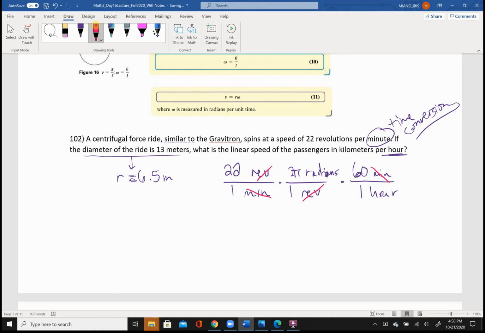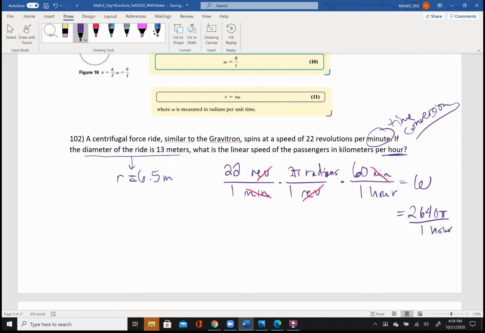So basically what I've calculated here is my omega, which I like to write as a w but with an extra little curly bit inside. We'll multiply all of that, and you'll get 2,640 pi. So this is the radians over 1 hour. Cool.